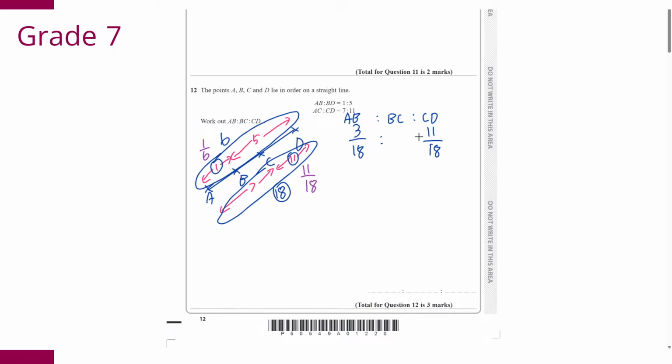So what have we got missing here? Well, we've got 11 there, 3 there, so 14 altogether, and that leaves 4, right? So 4 over 18. What can you do with ratios? Well, you can just times them all by 18. That leaves 3 to 4 to 11. So 3 to 4 to 11.